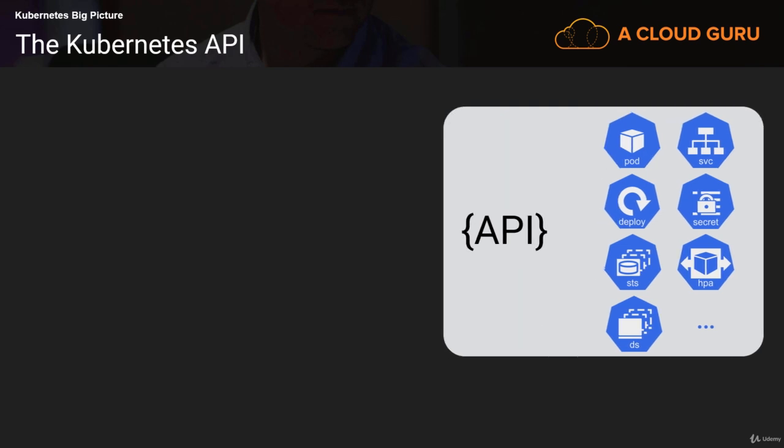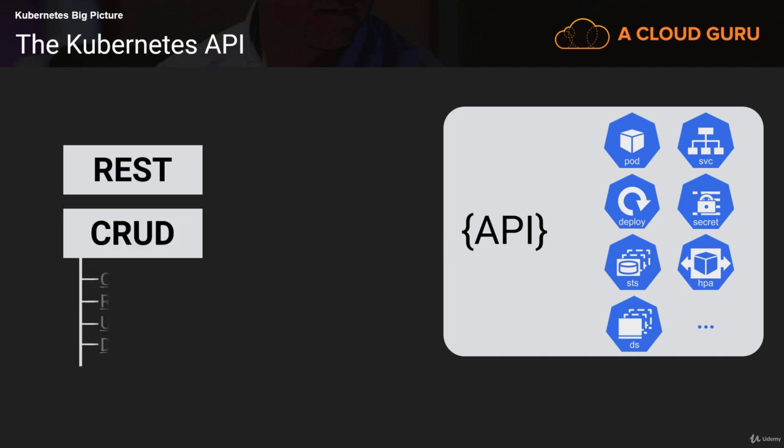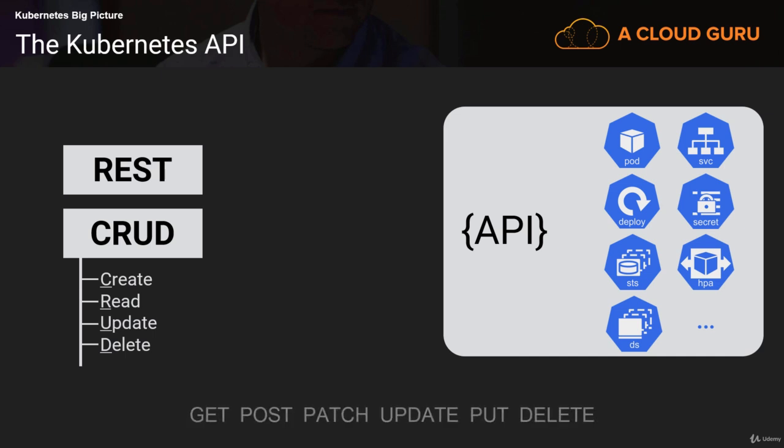Anyway, it is a RESTful API that uses standard HTTP methods or verbs to perform CRUD-style operations. Generally speaking, it supports these 6 verbs and they work the same across all resources. Now we'll see as we go on with the course that these map to operations that you'll perform with kubectl, like creating, watching and deleting objects.